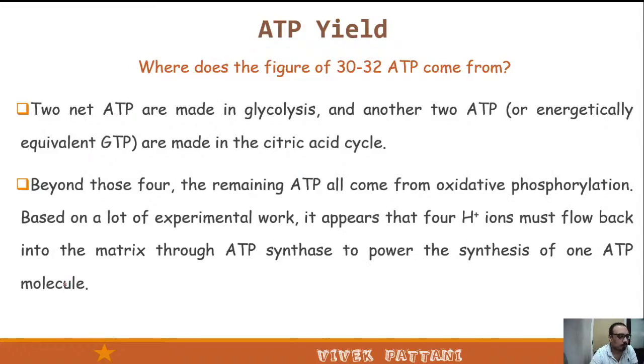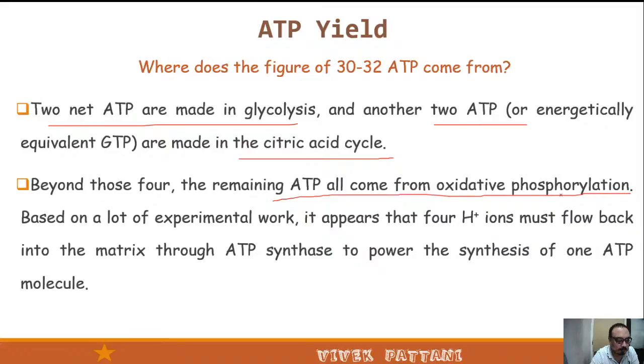Two net ATPs are made in glycolysis, and another 2 are made in the citric acid cycle. Beyond these 4, all the remaining ATPs come from oxidative phosphorylation, in which two coupled processes, the electron transport chain and chemiosmosis, occur.